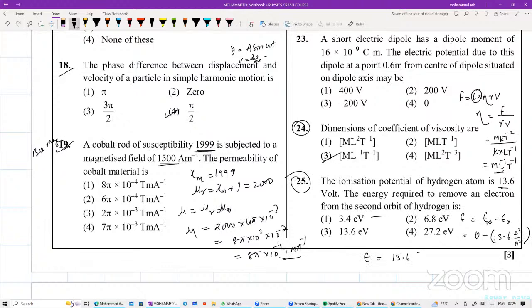Ionization energy प्लस में होता है ना बेटा. For hydrogen atom, z की value कितनी हो गई? 1. So 13.6 into 1 square divided by n square, n is nothing but 2 square. That is equal to 13.6 divided by 4. So that will be equal to 3.4 electron volt.